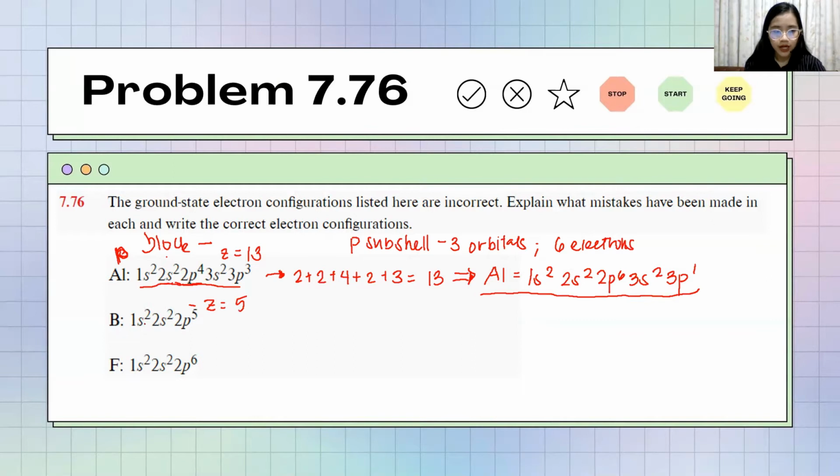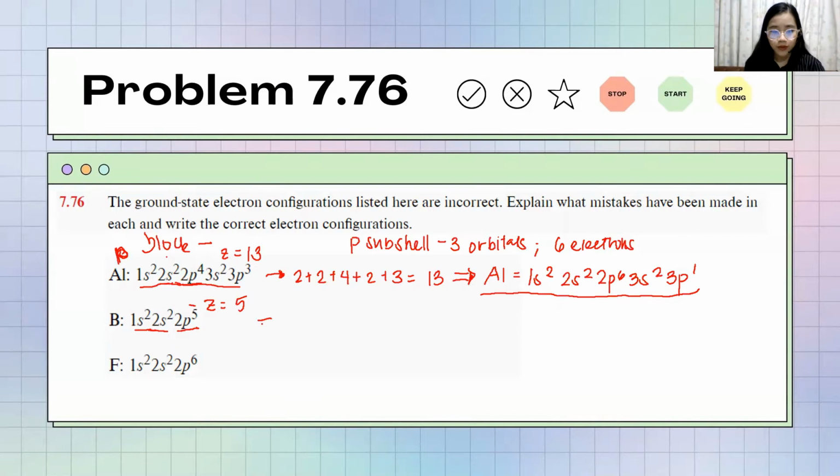This part here, 1s2, 2s2, is correct, since the s subshell can hold up to 2 electrons. But the last part here is incorrect, because if you add up all the electrons here, 2 plus 2, the number exceeds the atomic number.